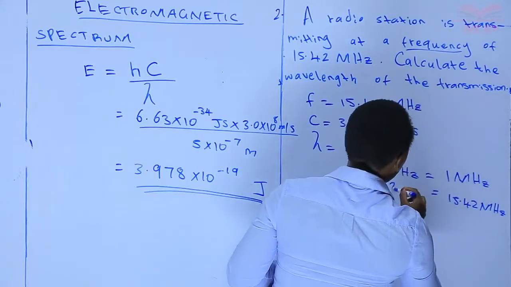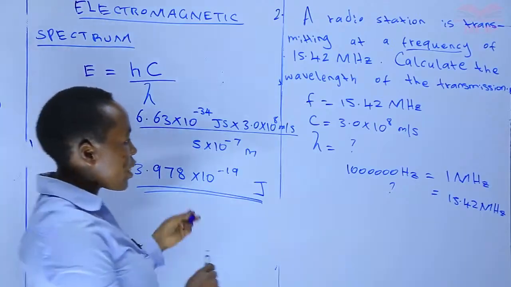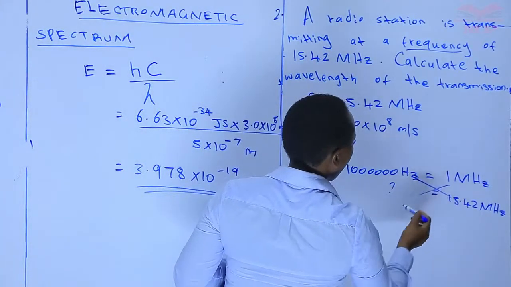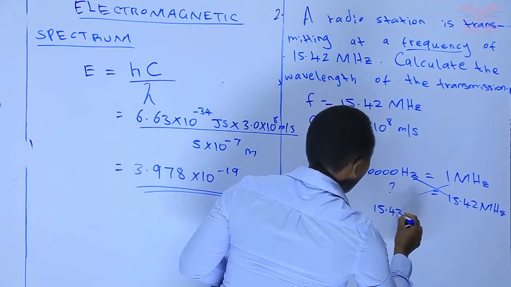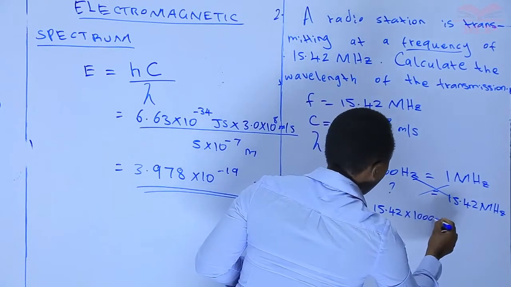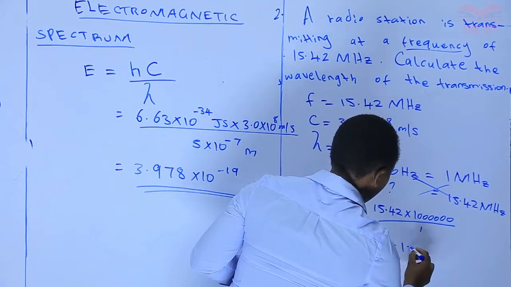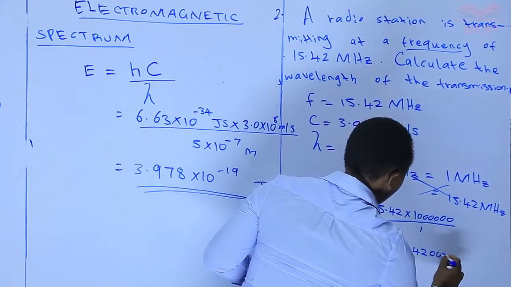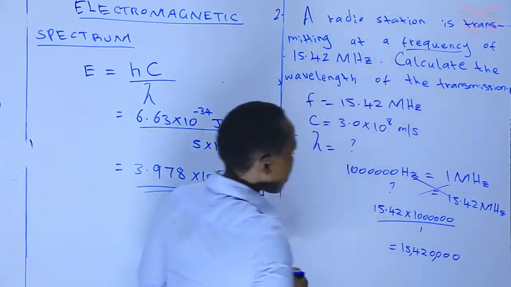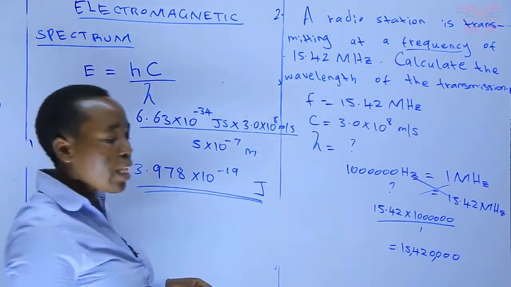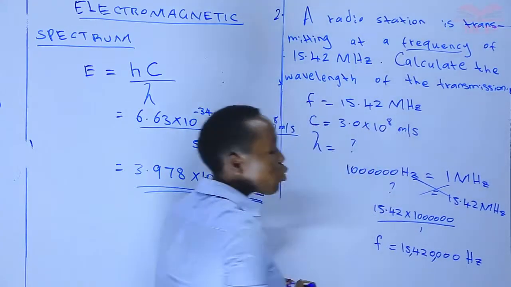We need to convert this to hertz, which is the SI unit of frequency. So we have 1,000,000 multiplied by 15.42 divided by 1. So we have 15.42 multiplied by 1,000,000 all over 1. So that will be 15,420,000 hertz. So that is the frequency that we are going to use.